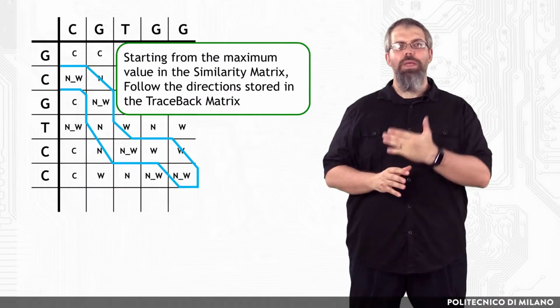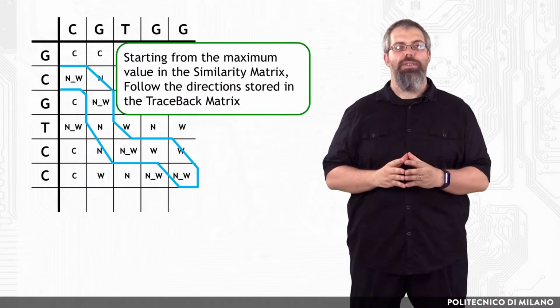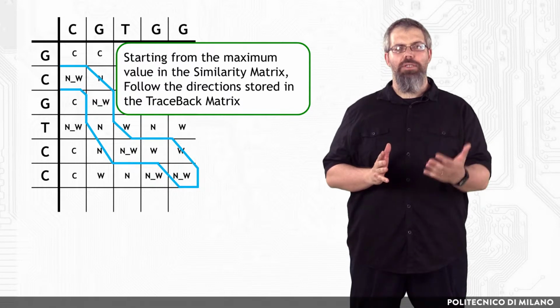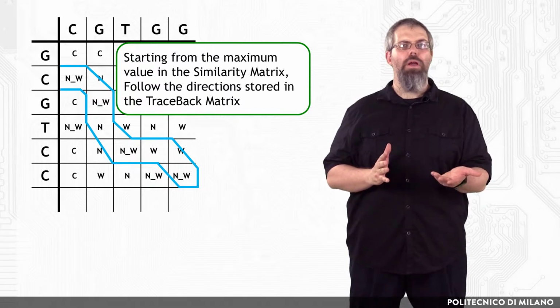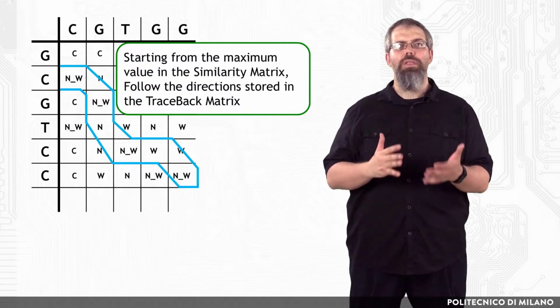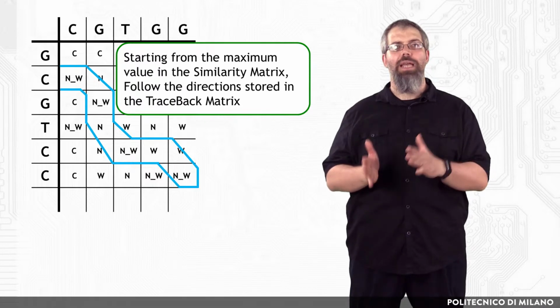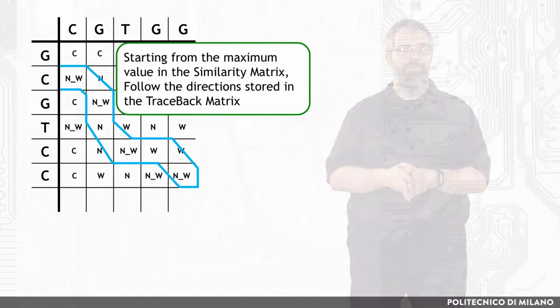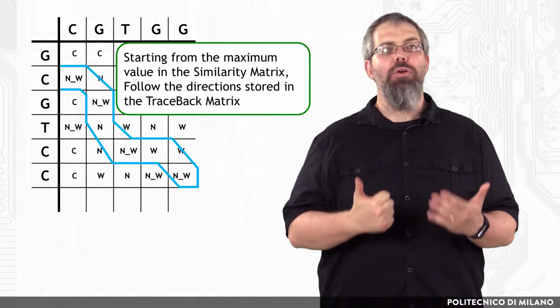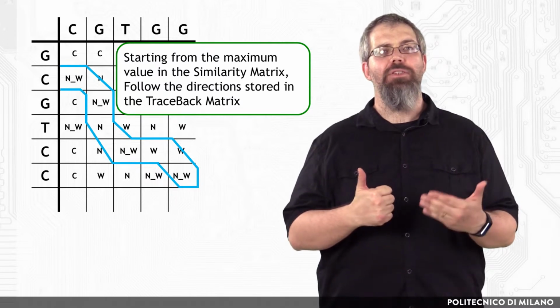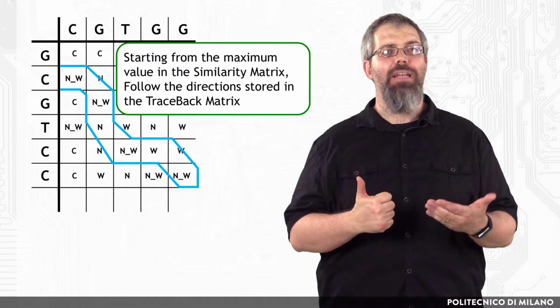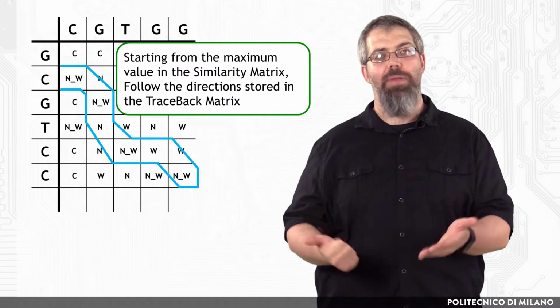In this figure, we can see an example of a traceback matrix. As it can be understood from the formula presented before, the similarity score will hold the maximum value between 0 and the 3 dependency values. The first one is composed of the sum of the element that lies on the anti-diagonal and another value that depends on the similarity function applied.